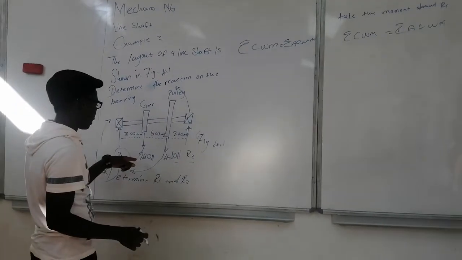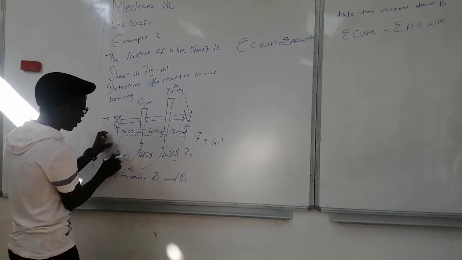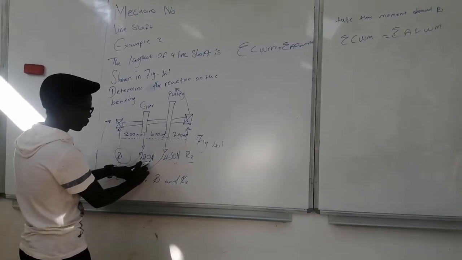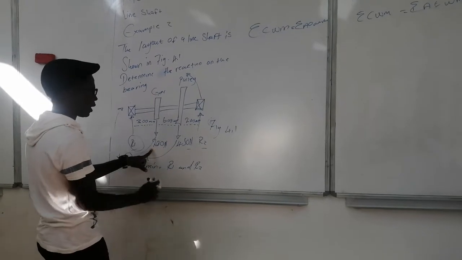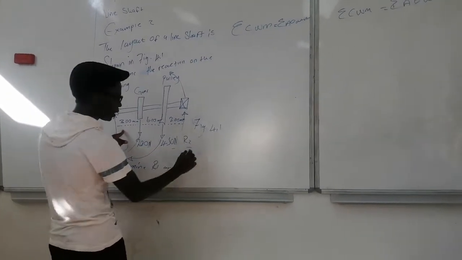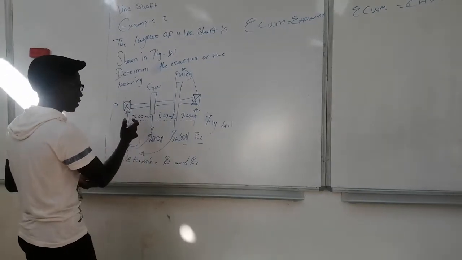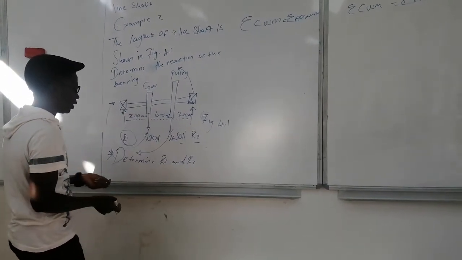The first one is there. We take the moment from there. R, don't forget, it means if we want to put this force, we multiply with this distance. It's the same as torque, because torque is distance multiplied by the force.